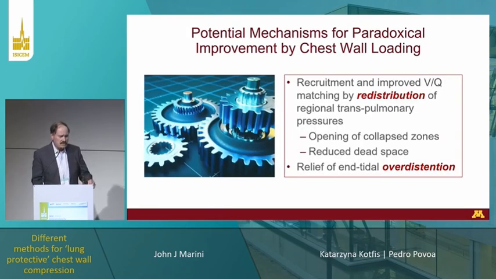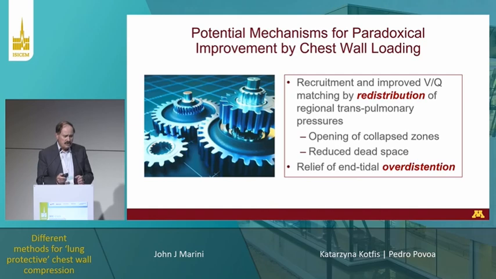The potential mechanisms for this paradoxical improvement by chest wall loading are basically two. We may recruit and improve ventilation perfusion matching by redistribution of regional transpulmonary pressures. We might be able to open collapsed zones preferentially and reduce dead space.